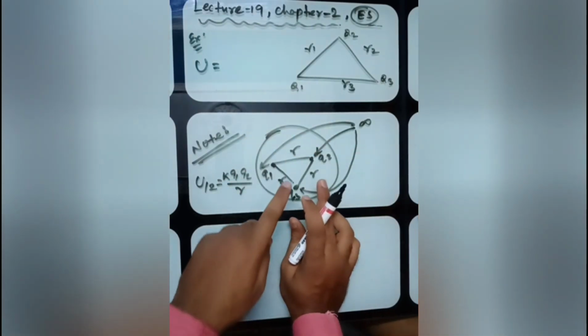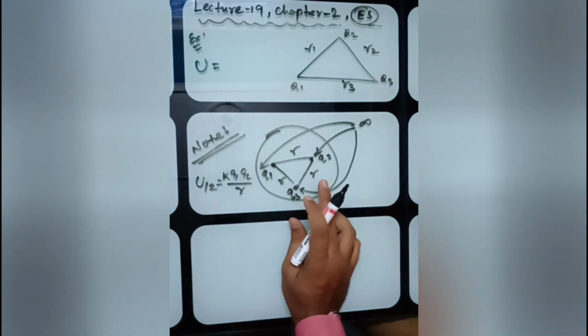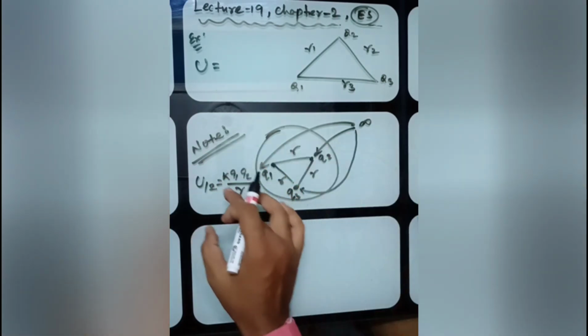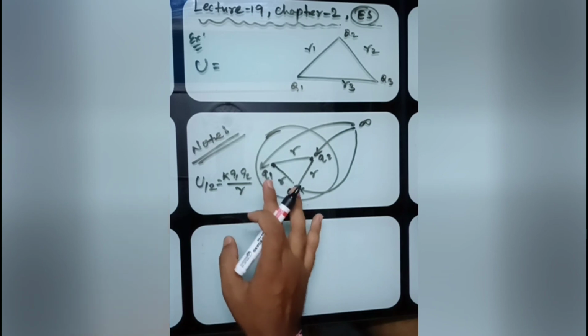In this space, there was already potential energy. How much? It was this one. But due to bringing Q3, 2 new terms will be added to this potential energy, because energy neither is created nor destroyed.